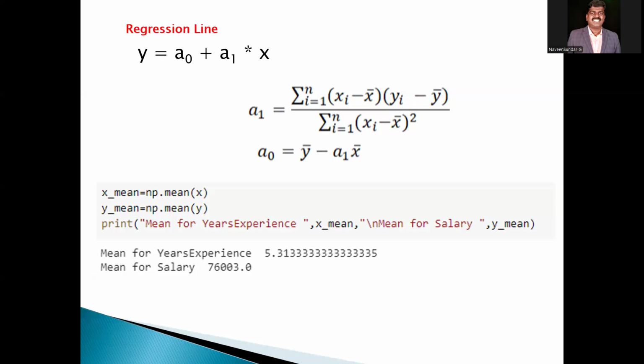How are we going to calculate a1, that is the slope? The numerator and denominator we are going to write separately.